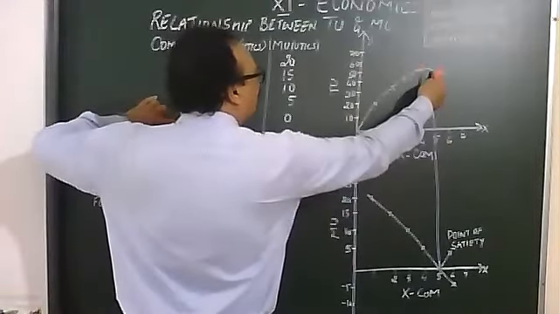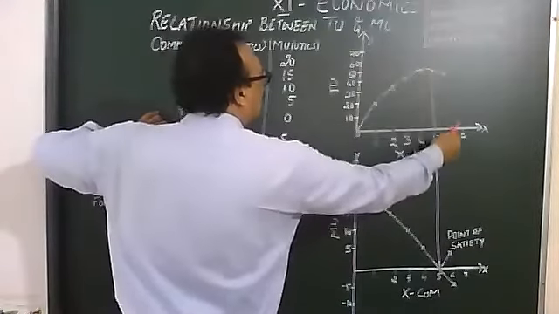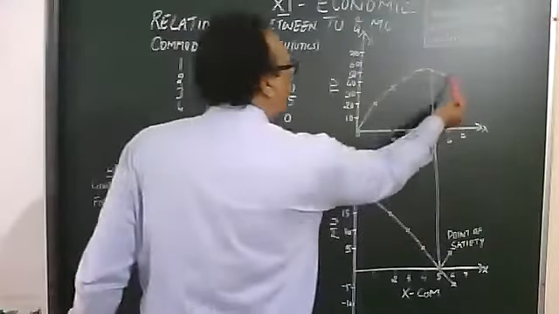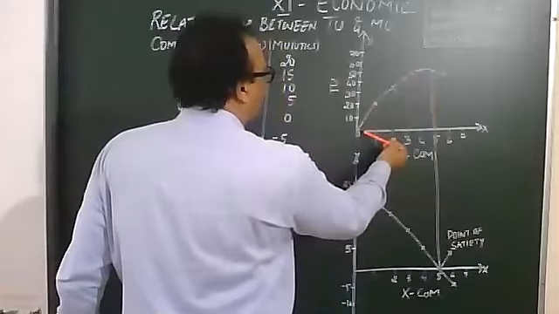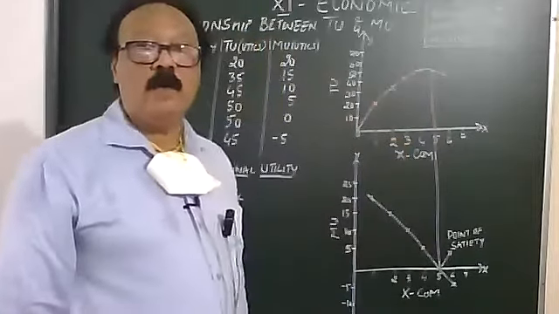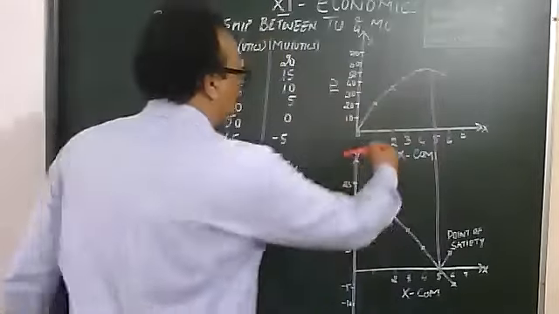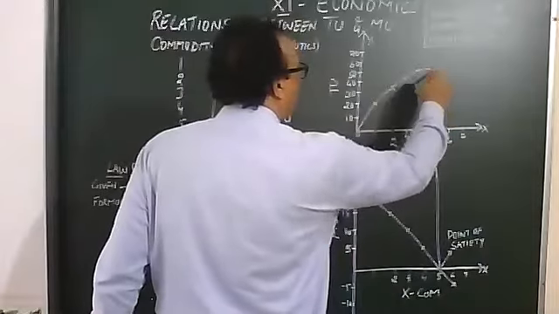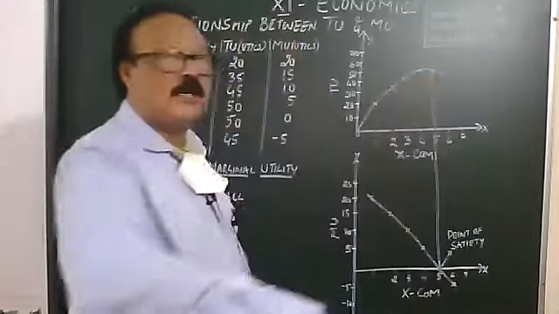Fifth on 50. Sixth on 45. Joining the points and bringing it down to the point of origin, we get our TU curve, the total utility curve. What do we see in the TU? It is an upward rising curve. It reaches its maximum, stays at maximum, and then it starts declining.